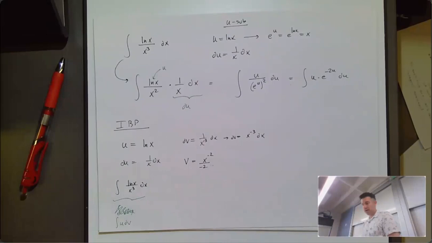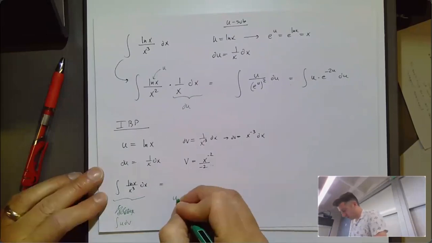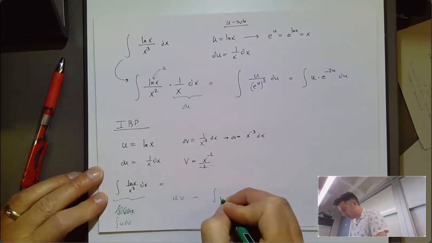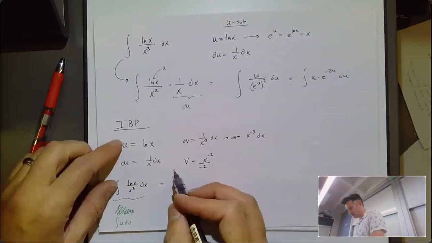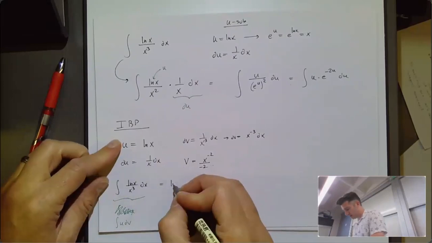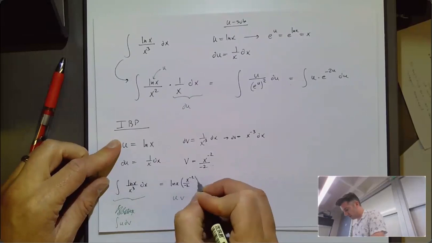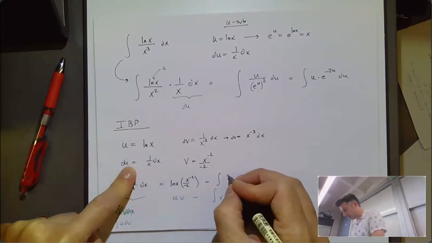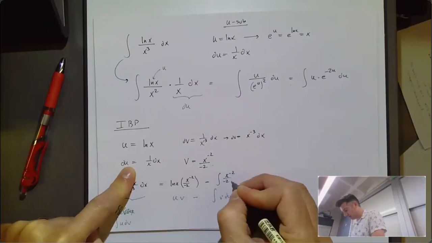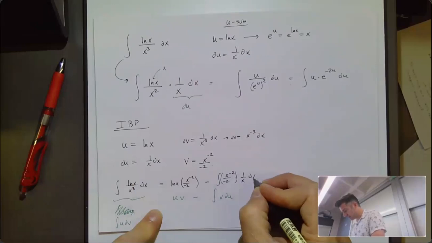That's going to equal our u times v, so natural log of x times x to the negative 2 over negative 2, minus the integral of v du, x to the negative 2 over negative 2 times 1 over x dx.